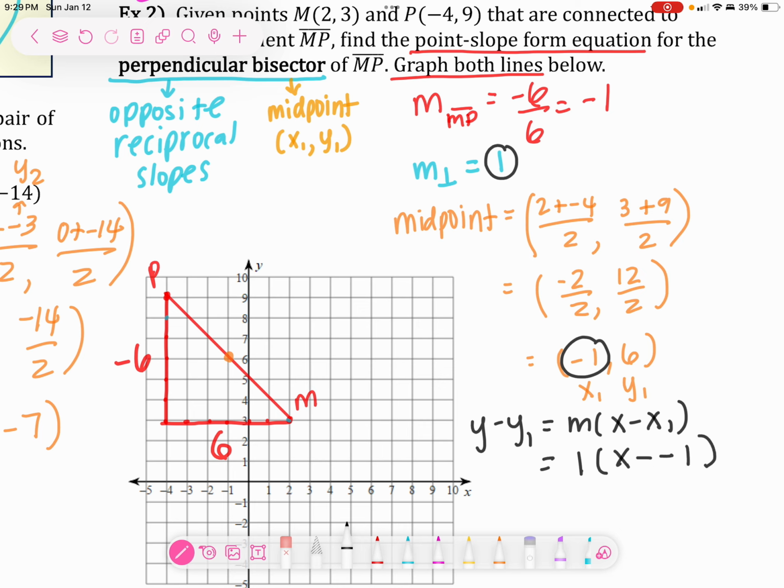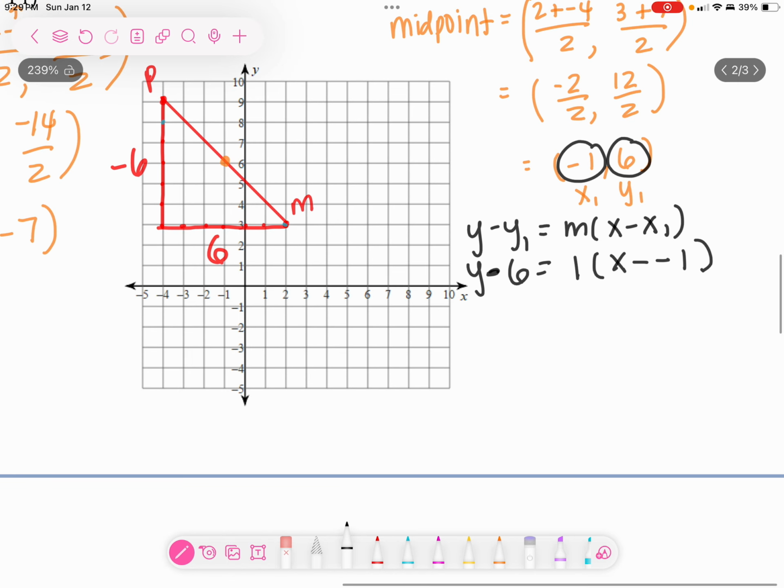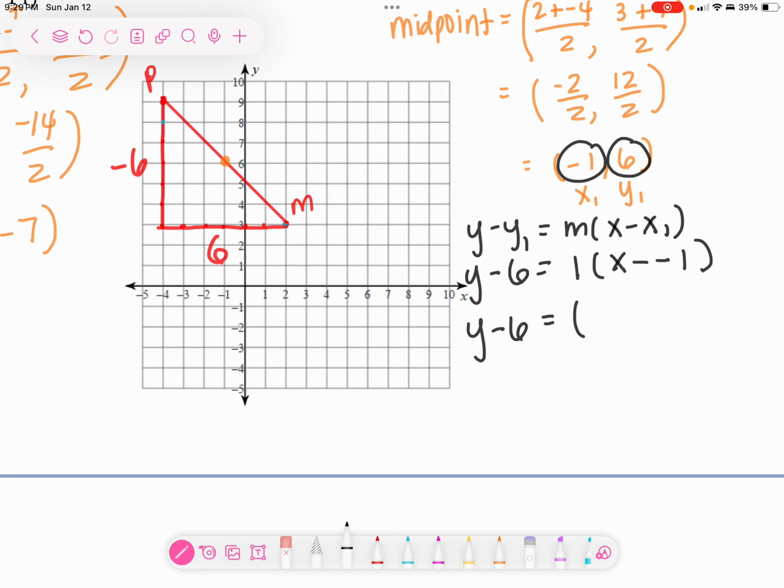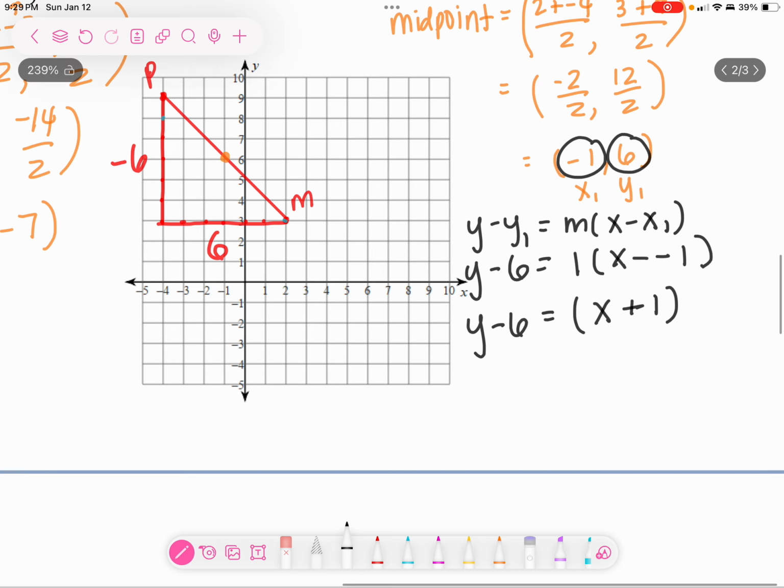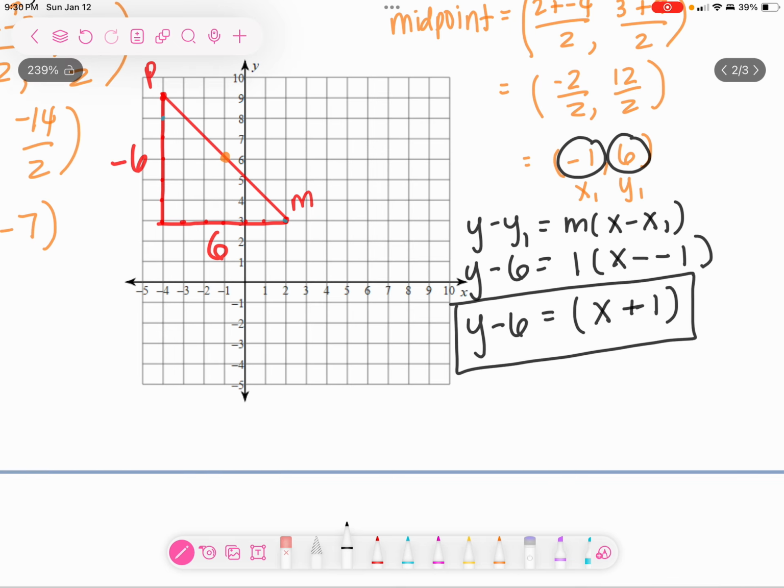And then we have y minus, and our y1 is going to be 6. Okay, and then we just simplify that. So it's going to be y minus 6 equals, we don't really need the coefficient of 1, so we can just do parentheses, and then x, double negative turns into a plus 1. So here's our equation of our line in point slope form.